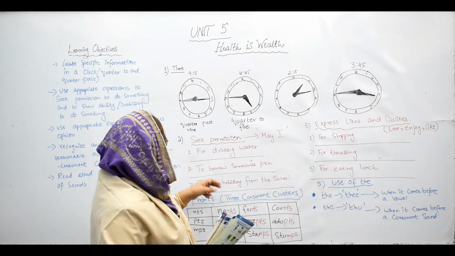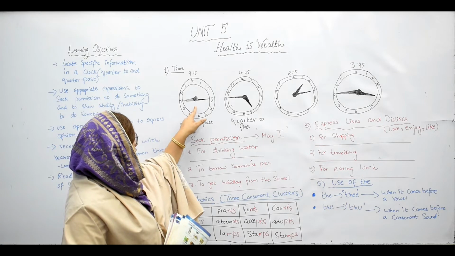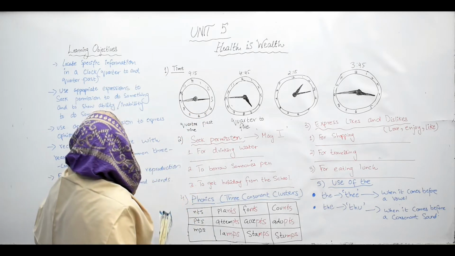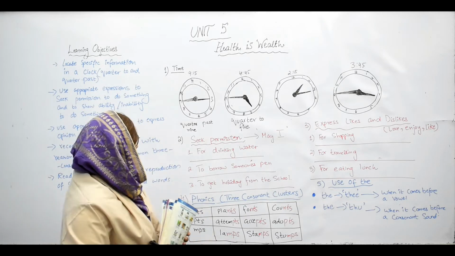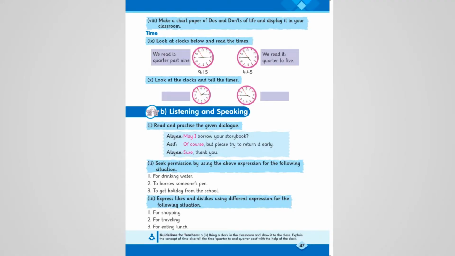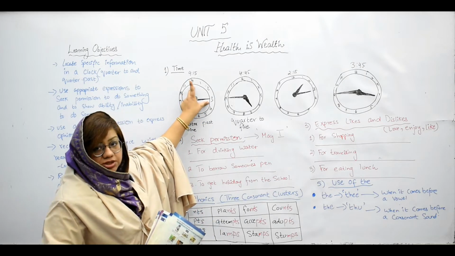So let's see. There is one clock, the first clock, and you can see that the time is 9:15. Now how can we locate the specific position in this clock? You know that it is quarter past 9. 15 minutes is called a quarter.